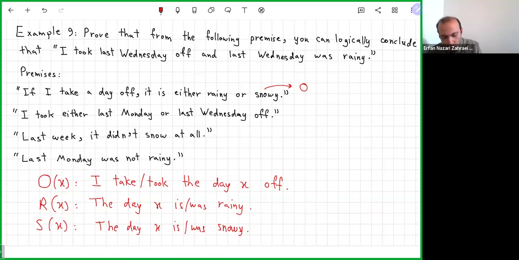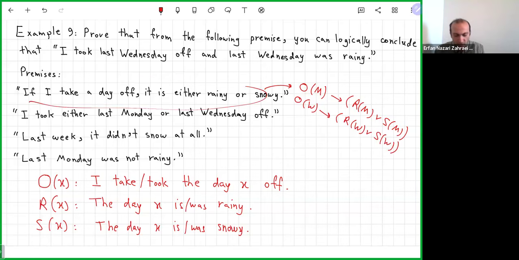Let me write it actually twice, with M for Monday and W for Wednesday. O_M implies R_M or S_M. And also I have another one for Wednesday: O_W implies R_W or S_W. So basically out of this, I can get these two propositions as my premises, since I only care about Monday and Wednesday.